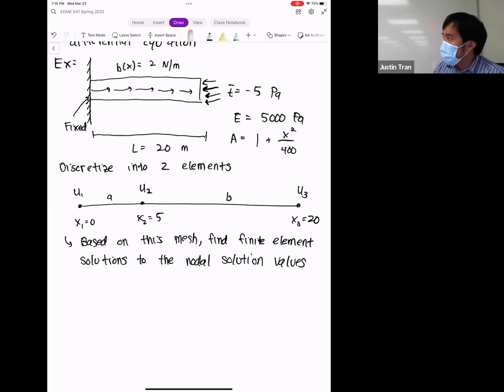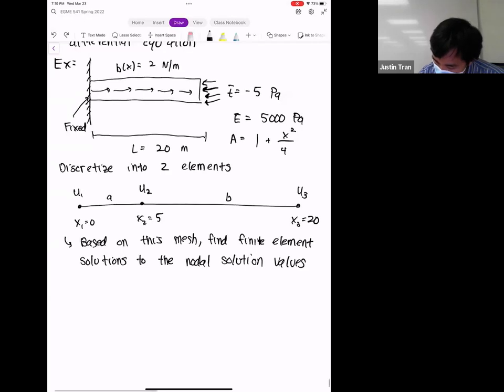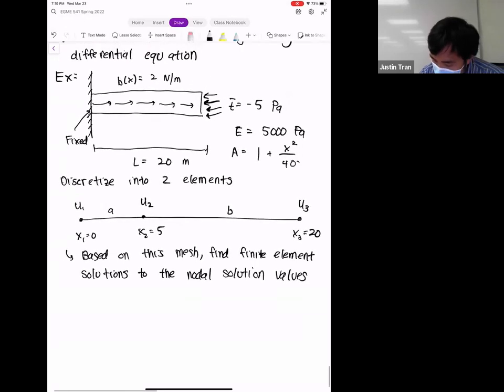Okay, so let's go ahead and start solving this problem. We're looking for a finite element solution. Sorry, this thing changes to the eraser totally randomly. We're going to follow the same process that we did for all our trusses and beams.